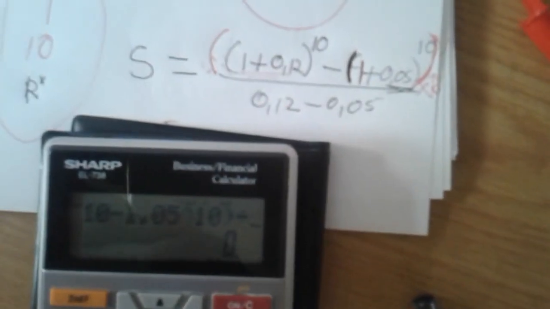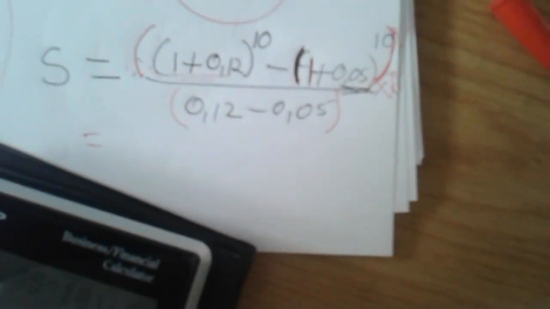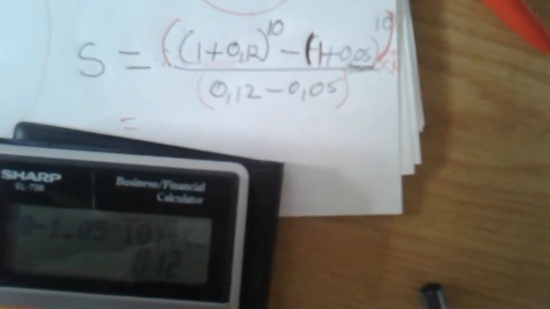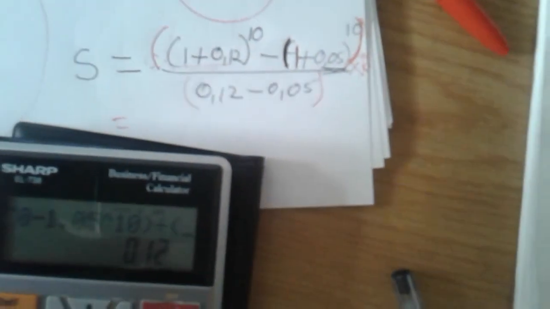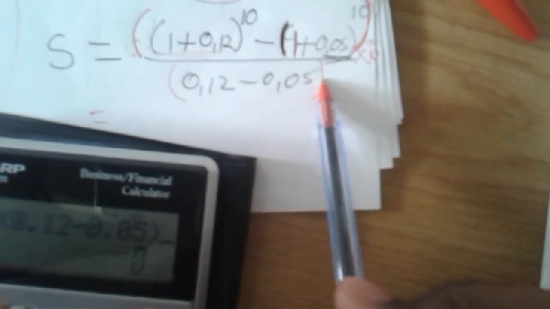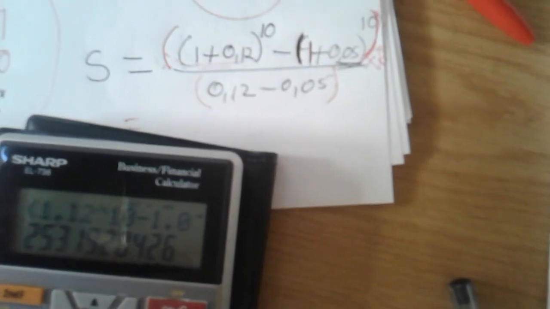So we open again another bracket. Why? Because I now want to put my denominator. So it's 0.12, which is there, minus 0.05. You close the bracket, which is there. Then we multiply by our first payment, which is 1,200. What do you get? 25,319.